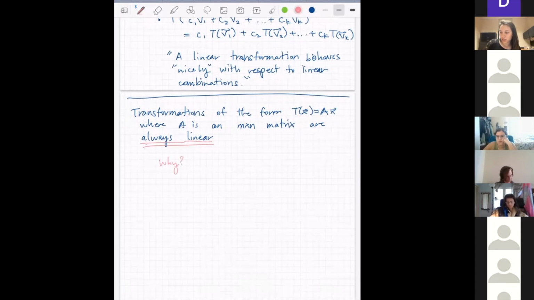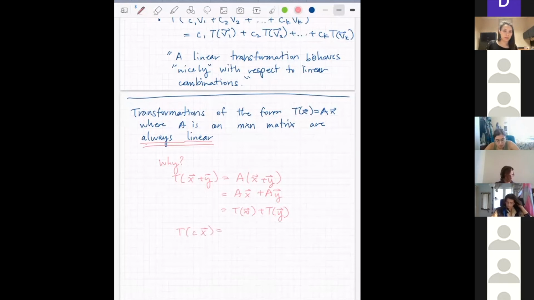This is because if we look at two vectors and our transformation is of this form, that means T of X plus Y is just A times X plus Y. And it's one of our properties of multiplication in this way that this is equal to A times X plus A times Y, which is just T of X plus T of Y. And then the same thing goes for multiplication by scalars.